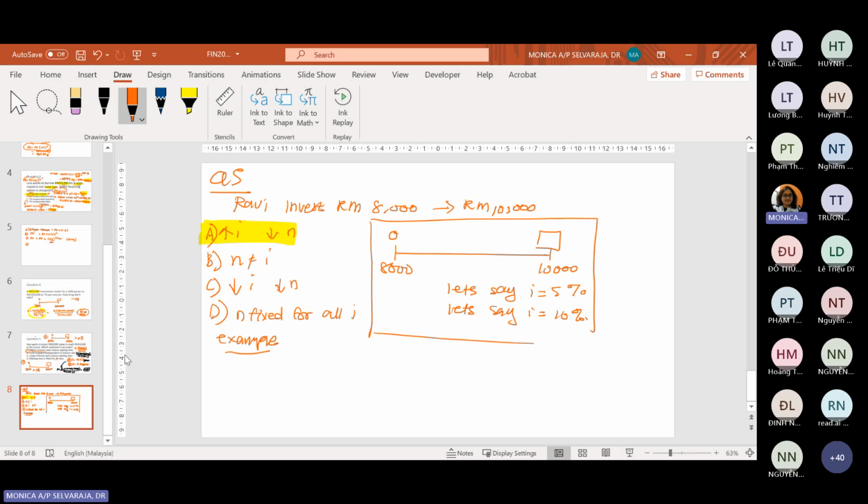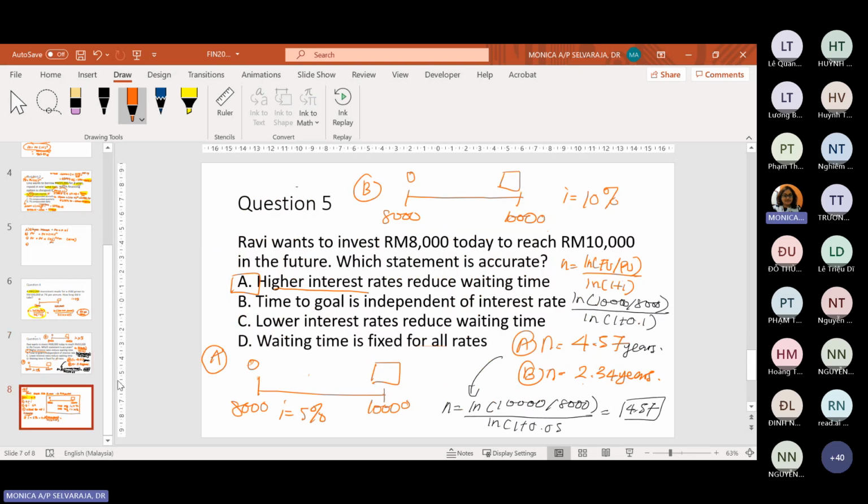When I calculate, if I is equal to 5%, my N will be 4 point something.